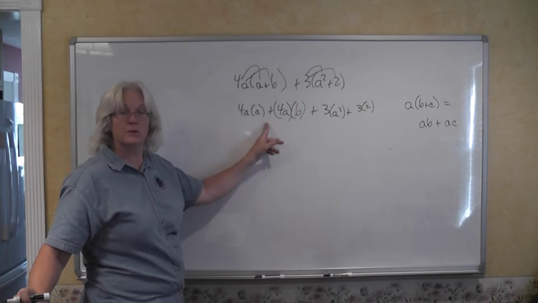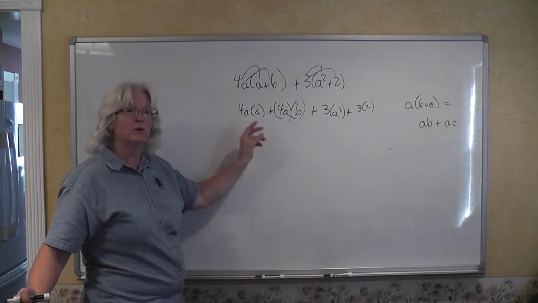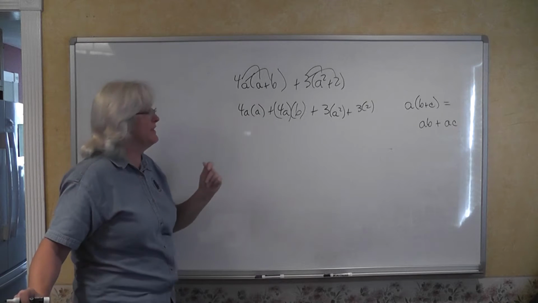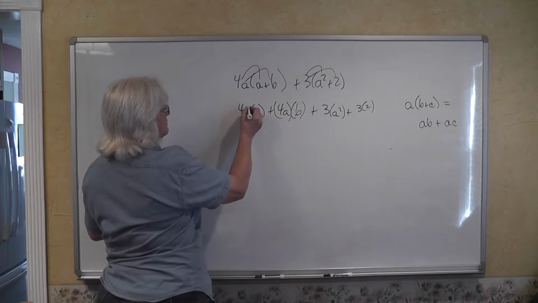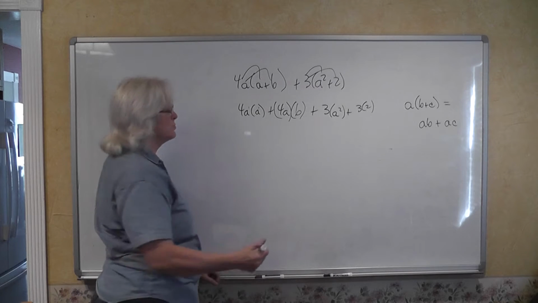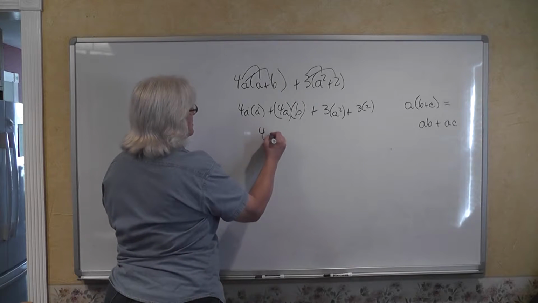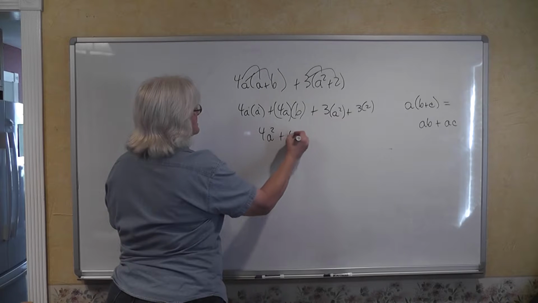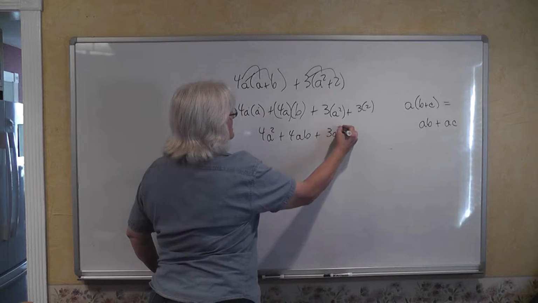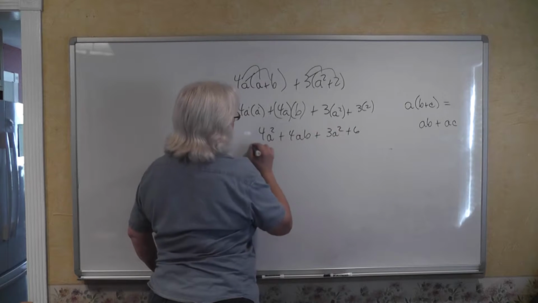4a times a. What's a times a? Remember, when you multiply variables that are the same base, you add the exponents. That's like saying 4a to the first times a to the first, a to the 1 plus 1, 4a squared plus 4ab plus 3a squared plus 6.